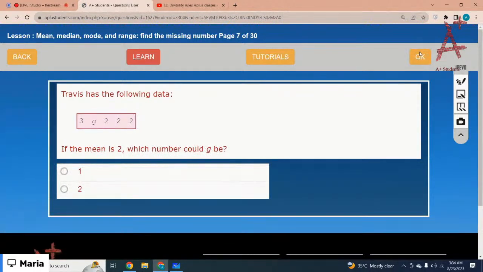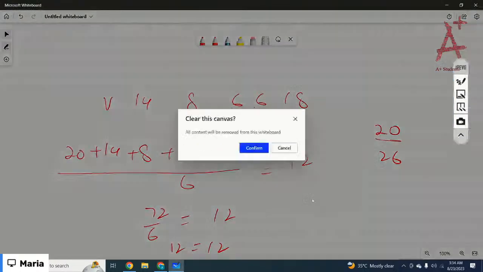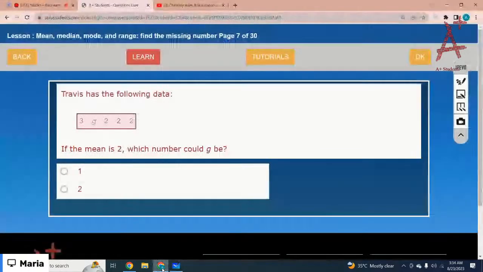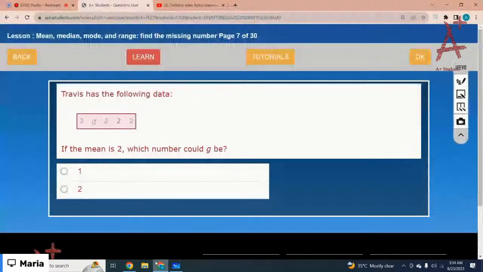Travis has the following data. If the mean is 2, what number could G be? You have been given the mean. Mean means you have to add them and divide by the count. 3, G, 2, 2 and 2. Okay, the mean is 2 and what number could G be?